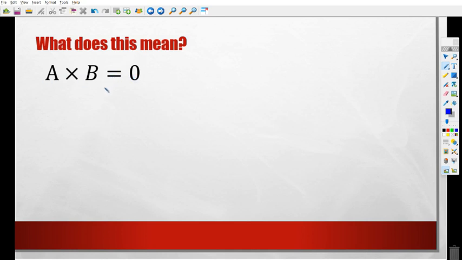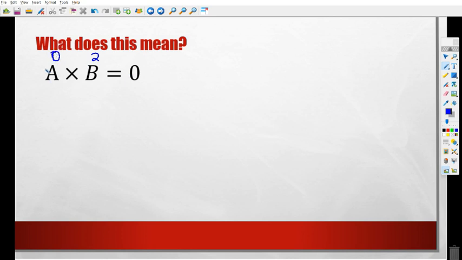What is anything times 0? 0. So that means a can't be 1 and b can't be 2. Why not? Because 1 times 2 is 2, it's not 0. So what does a or b have to be? One of them has to be 0.